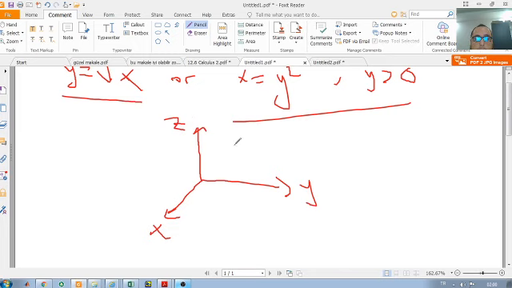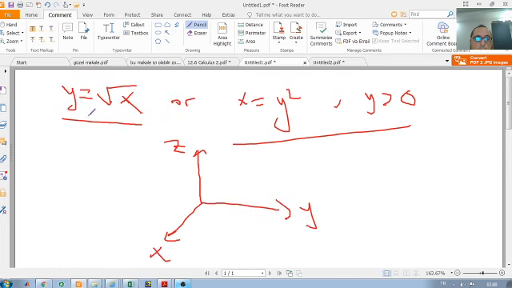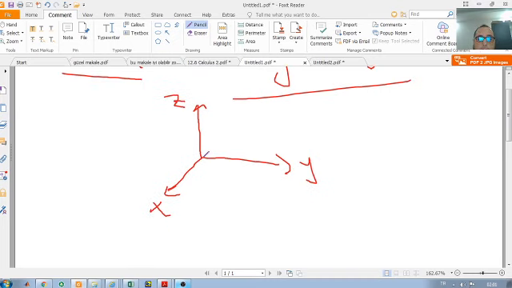X is equal to y squared is a parabola, by considering the positive side of the y-axis. Or we can consider directly the graph of the root function. If you remember, it should be in this form in the xy plane.